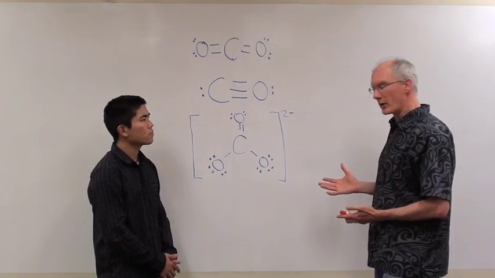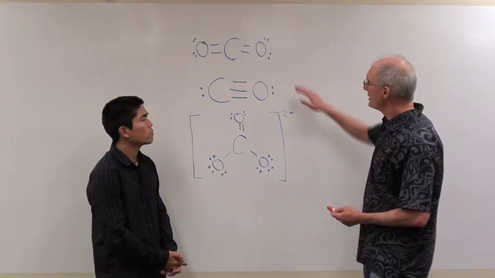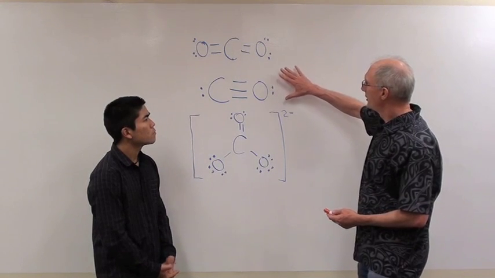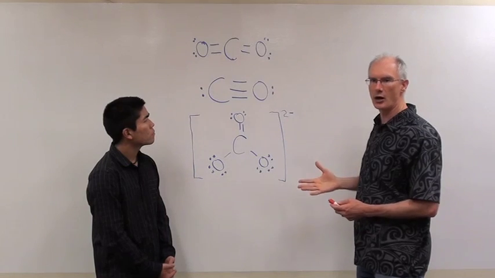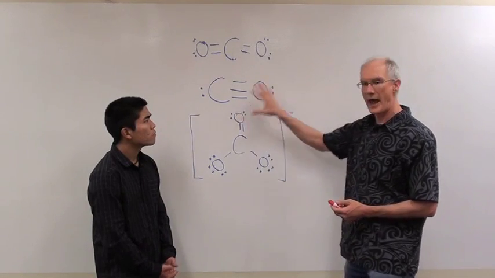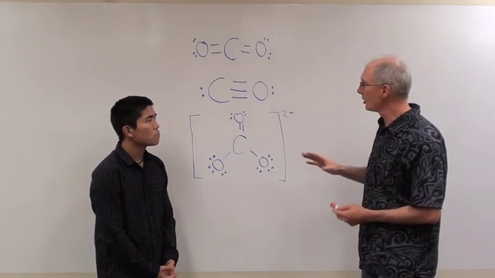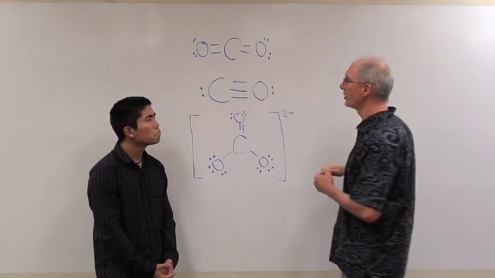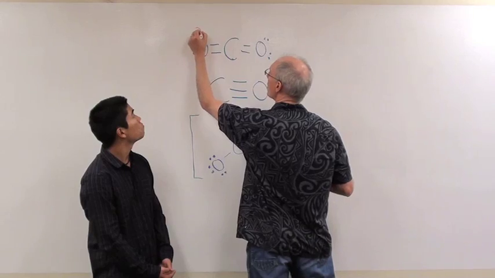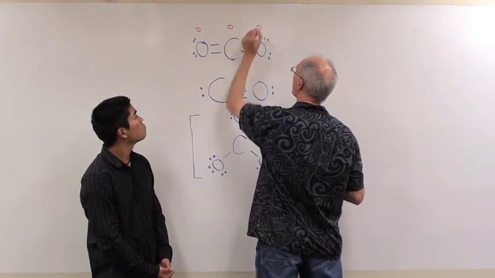One of the other things that we're going to figure out is that, even though these are both neutral molecules, you can actually build up a charge formally on the atoms within them. It turns out that if you calculate the charges on individual atoms in these molecules, you'll come up with 0, 0, 0.